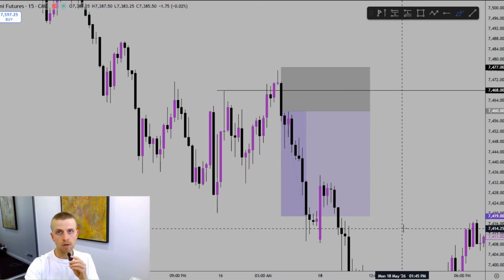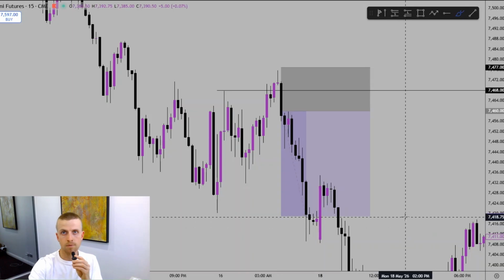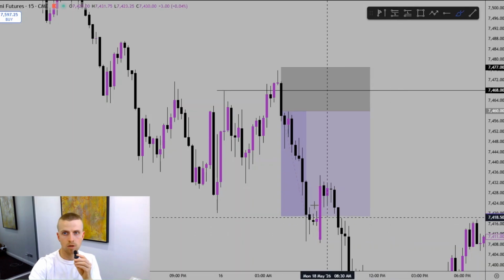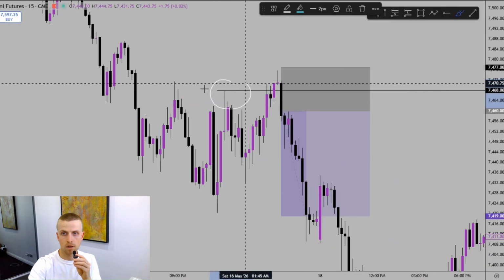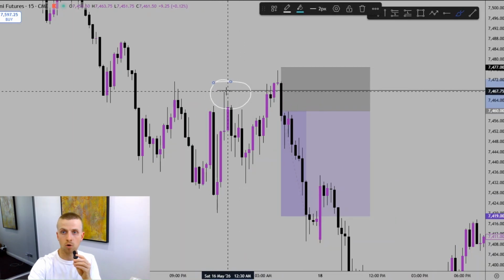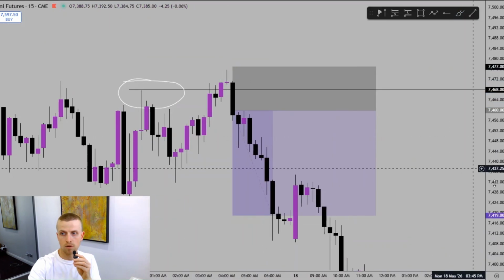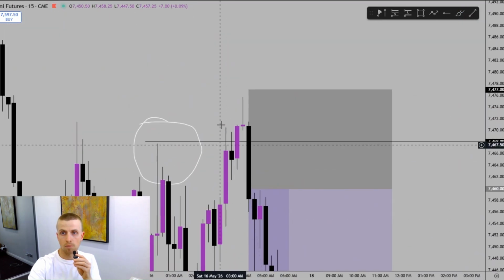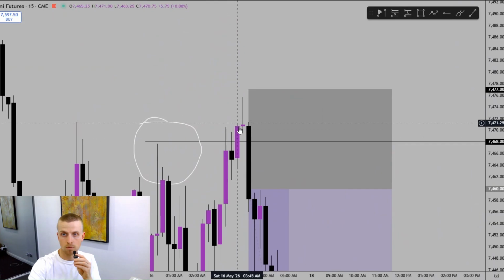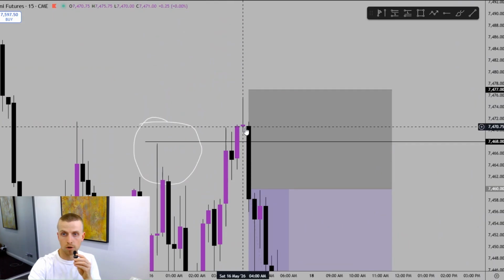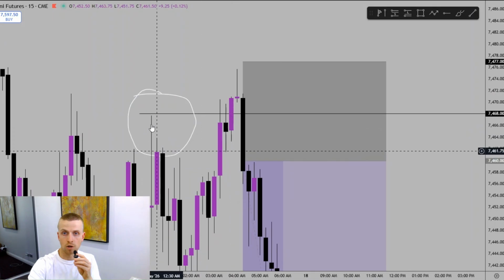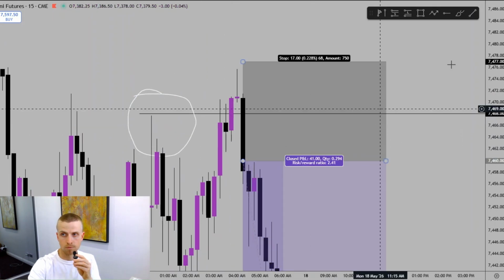So the three main important things to consider when looking for a liquidity sweep is identify that you've swept a high or a low. You have a bearish candle, long wick, small body, and then a closure back below the previous level.